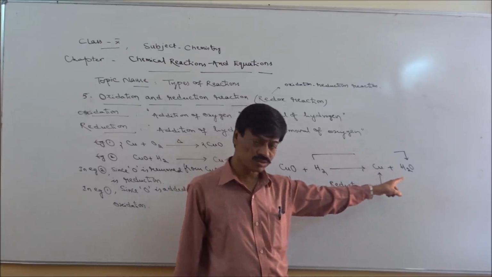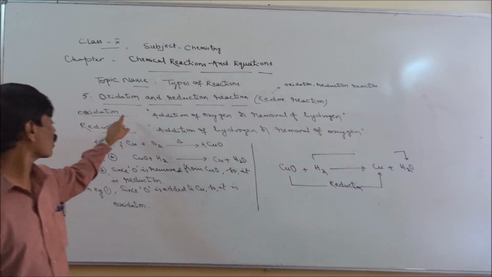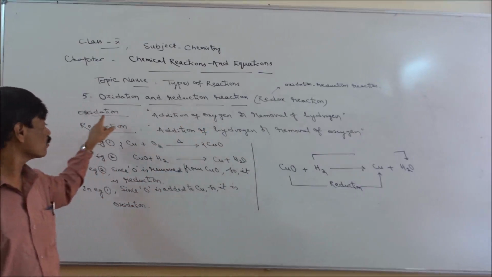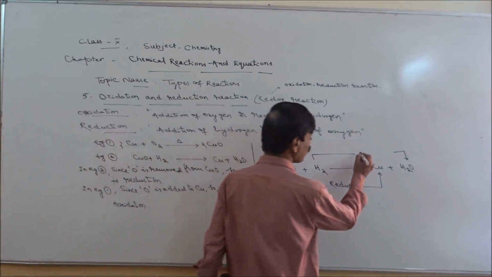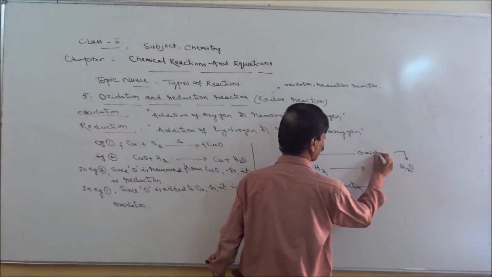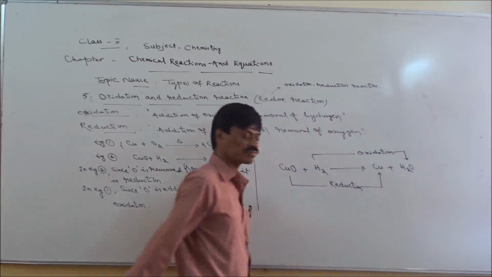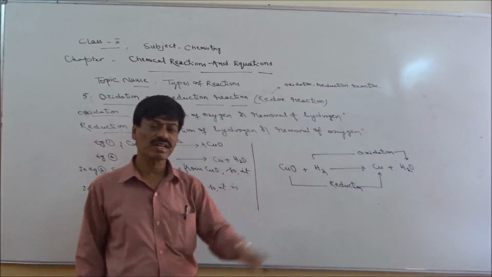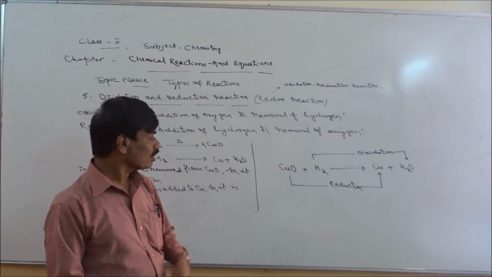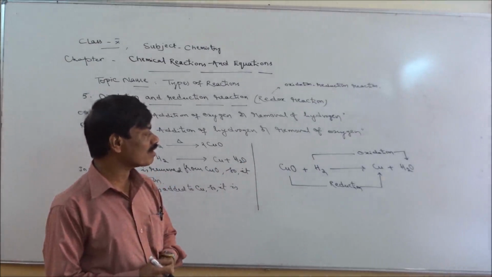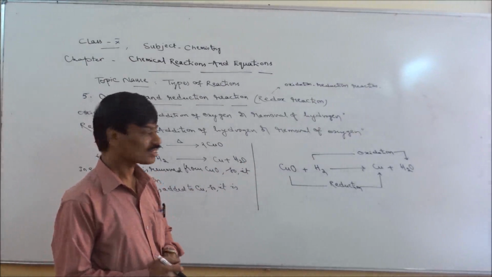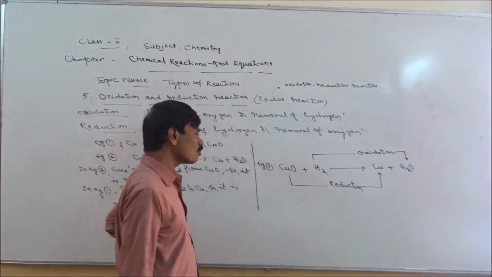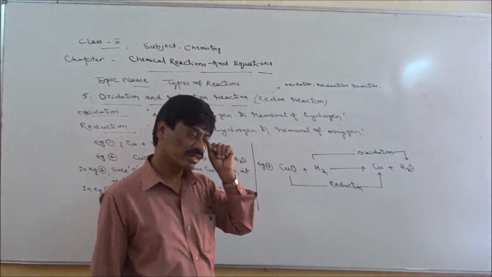So addition of oxygen is nothing but oxidation, and we will label this as oxidation. So in this reaction, both oxidation and reduction have taken place simultaneously. Therefore, this is an example of a redox reaction.